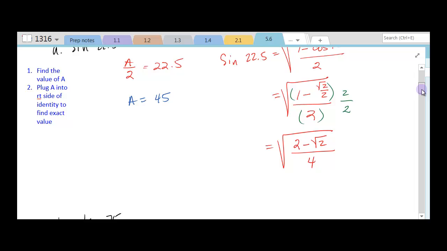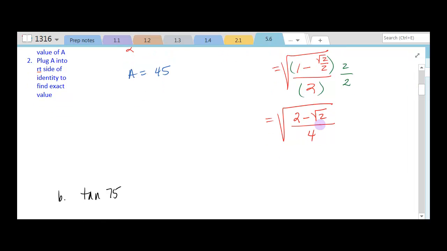Now I could rewrite this, and maybe it's a little bit clearer if I do, by separating the numerator into its own radical, which would be the square root of 2 minus the square root of 2. And in the denominator, I can look at this as the square root of 4.